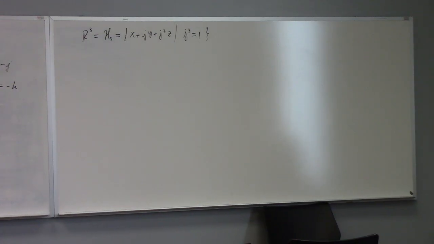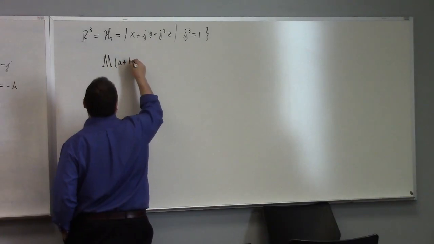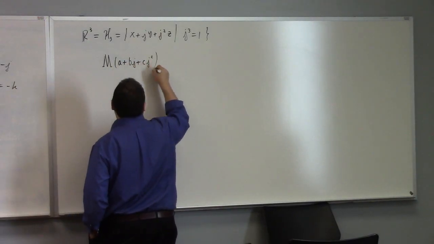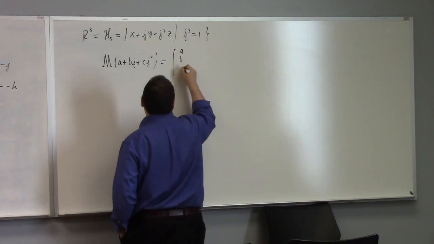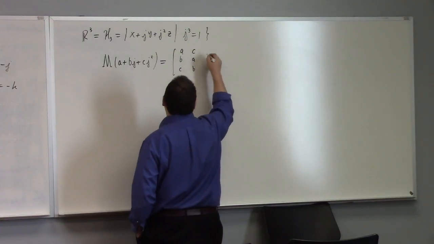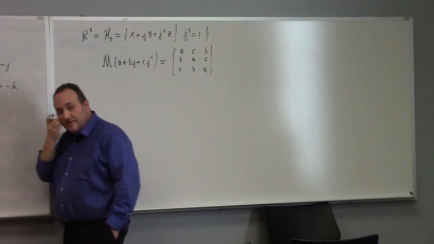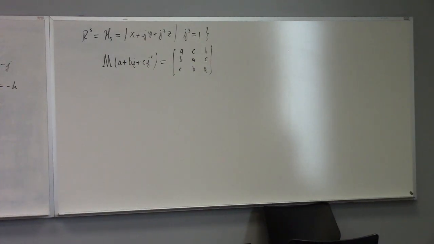What you find is that the matrix representative of something like A plus BJ plus CJ squared works out to A, B, C, and then you get C, A, B, and then you get B, C, A. That's the matrix representative of a 3 hyperbolic number. And now the determinant isn't directly connected to the length of this thing as a 3-dimensional vector.